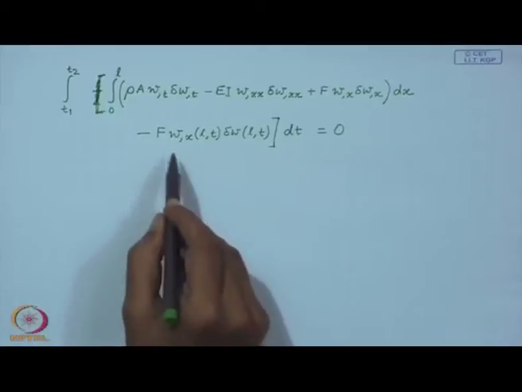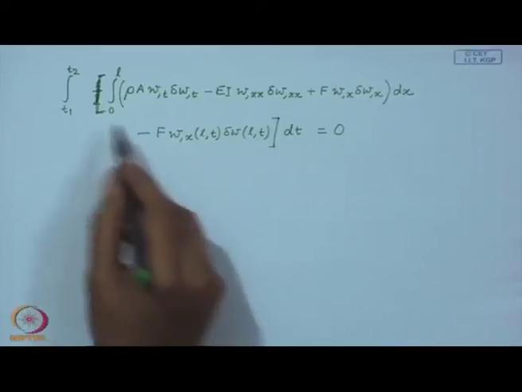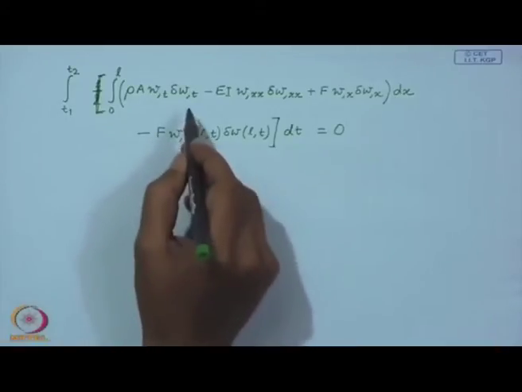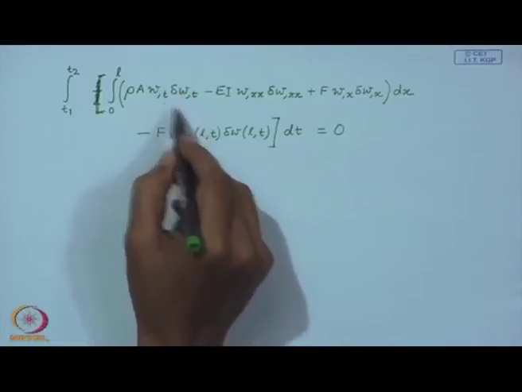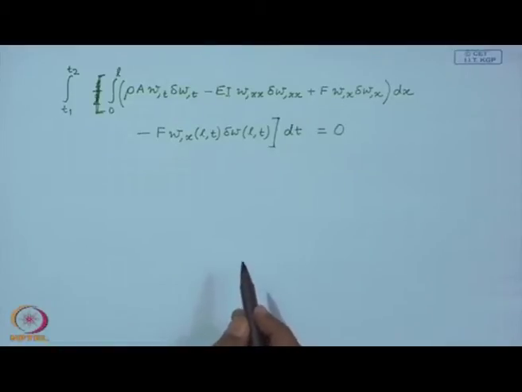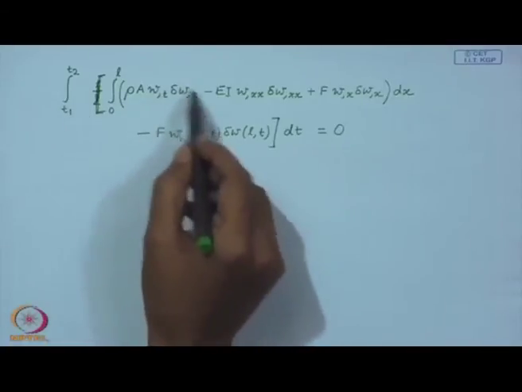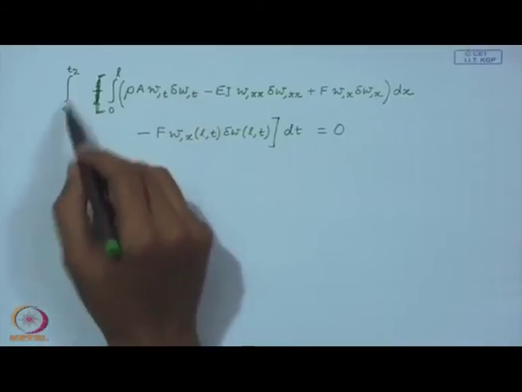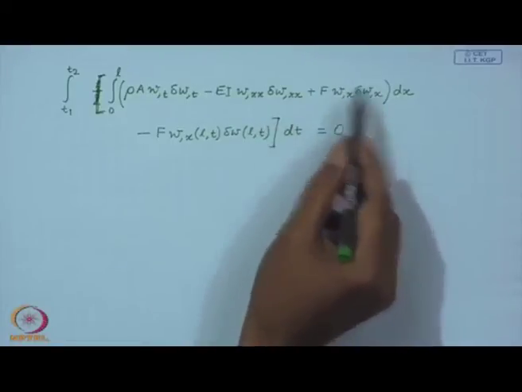We note that this virtual work already gives a boundary term in this equation. Now we integrate by parts this term with respect to time, and using the arguments of variational calculus, at T1 and T2 the variation must vanish. So, I am not going to write the boundary term generated from this term at T1 and T2. Then this has to be integrated by parts with respect to space, and similarly this.